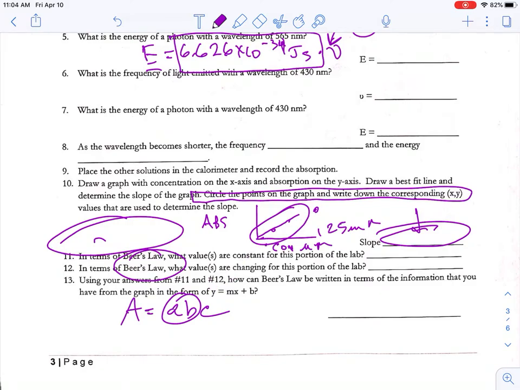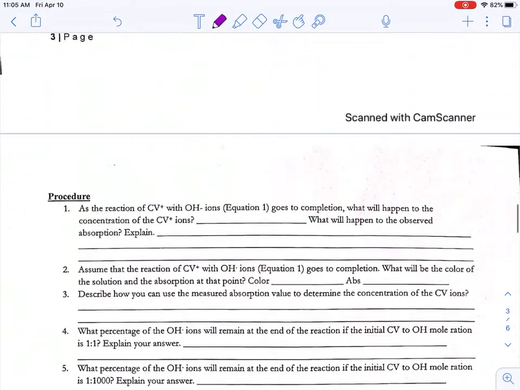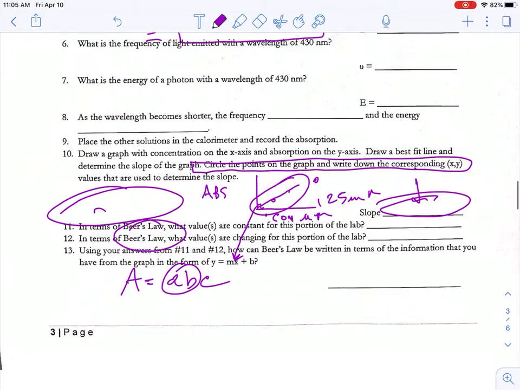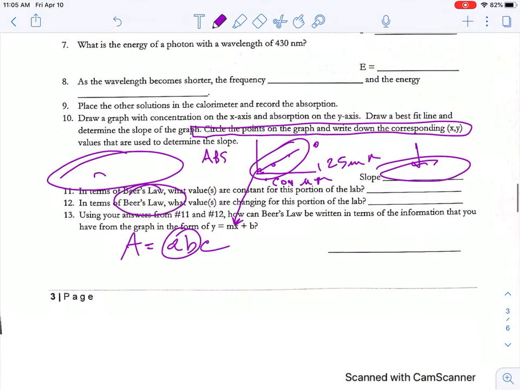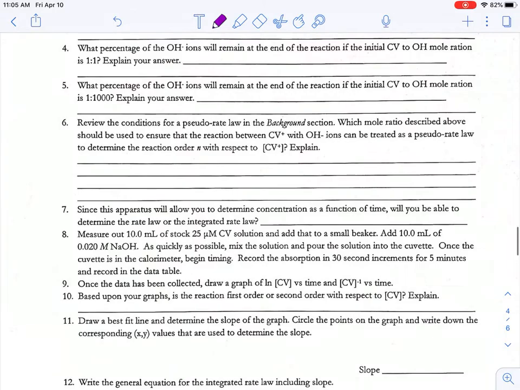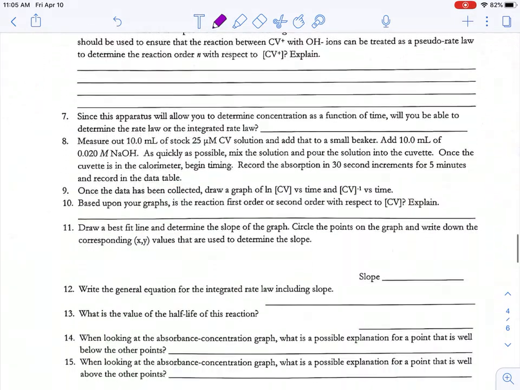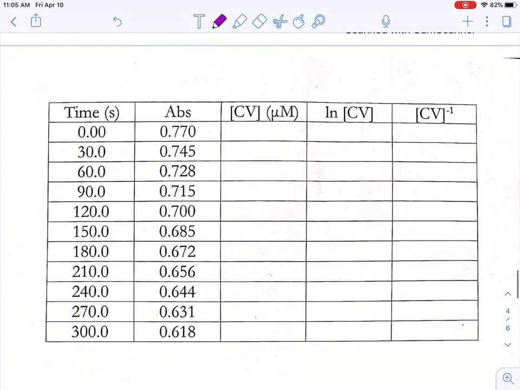Hold on, back up. I did it in the wrong place. You're going to know your slope, so you're going to have that number. What you're looking for in this situation, because you're also going to know the absorbance, is that using that slope, down here, you're going to know the absorbance, because I ran this reaction, and again, this will make sense once you watch the videos.